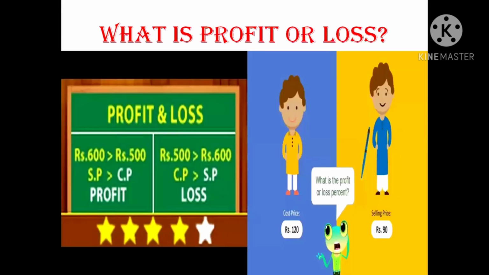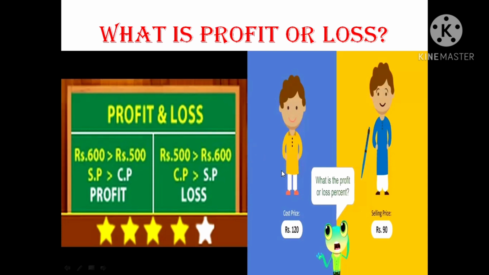Let us find either profit or a loss. In the first situation, 600 rupees is greater than 500, SP is greater than CP, so we have a profit. When CP is greater than SP, we have a loss.